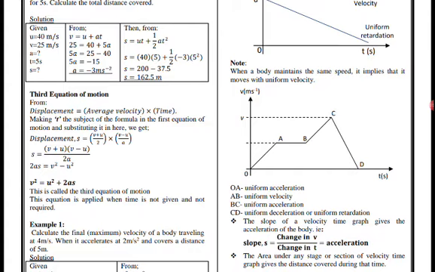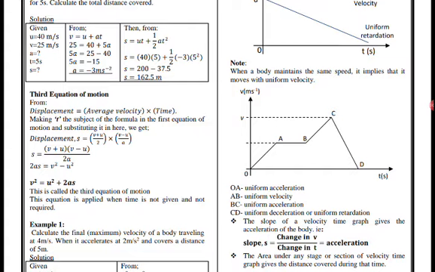So that means that when we want to eliminate t here, we go to the first equation of motion and make t the subject. When we make t the subject from the first equation of motion, we shall get (v minus u) over a as our t.